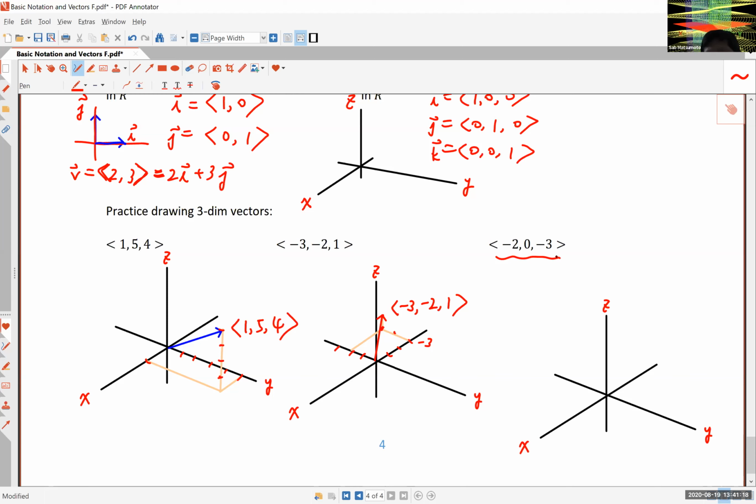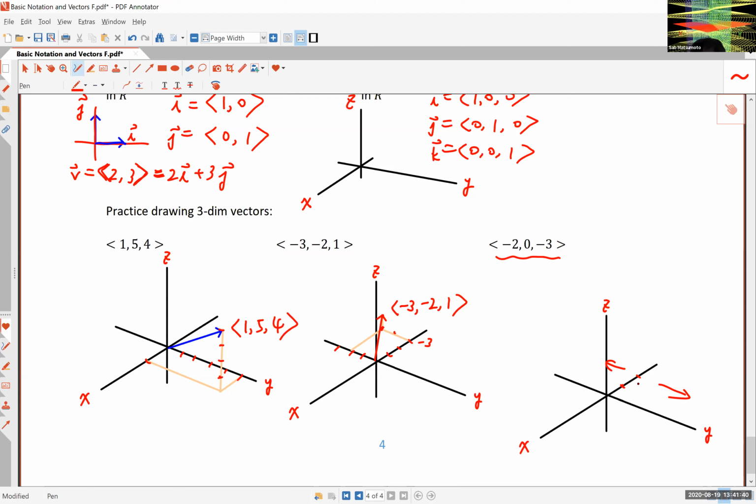Okay, so -2 is 2 units away from the positive x direction. Y is 0, so I don't have to go this way or this way. But then I have to go -3, so let's draw this completely freehand.